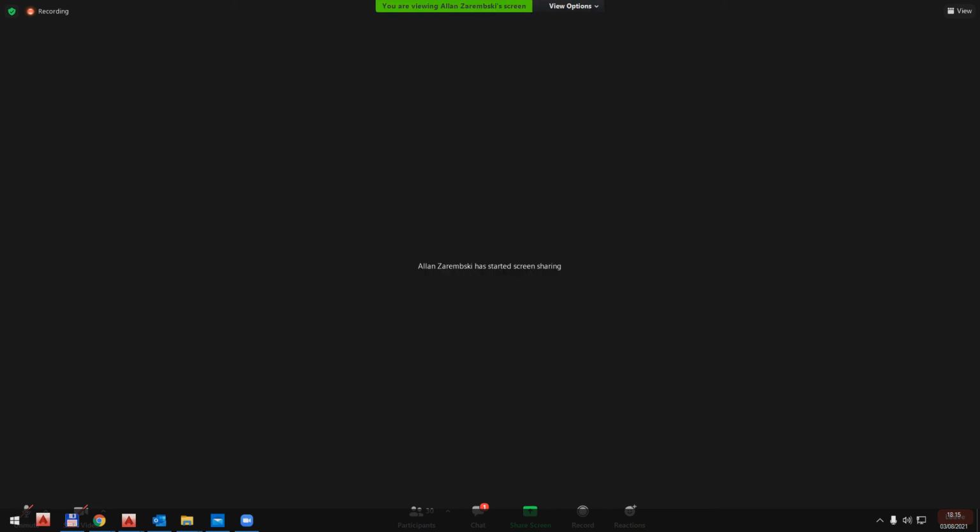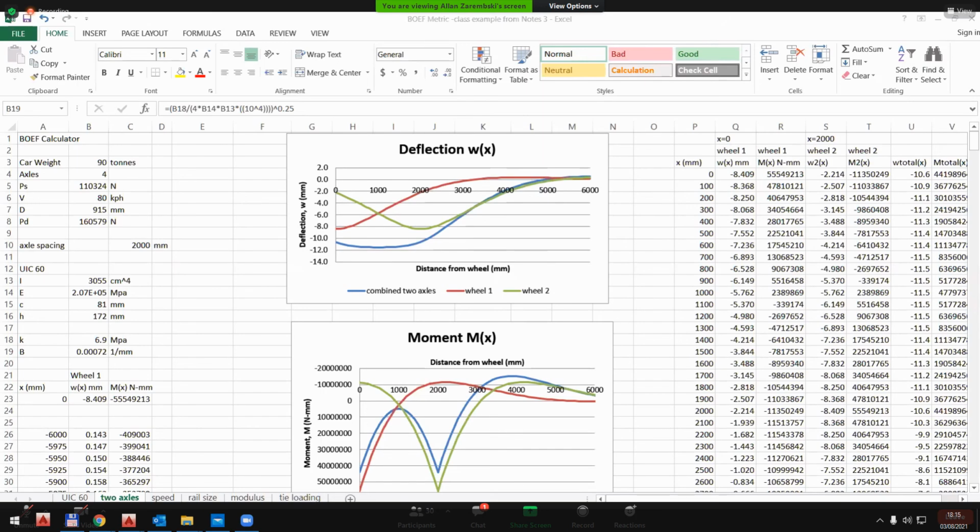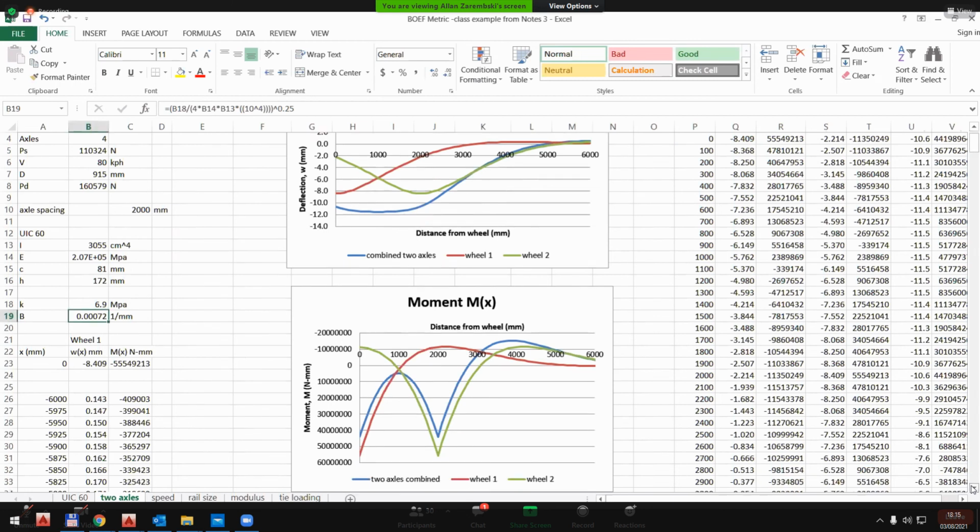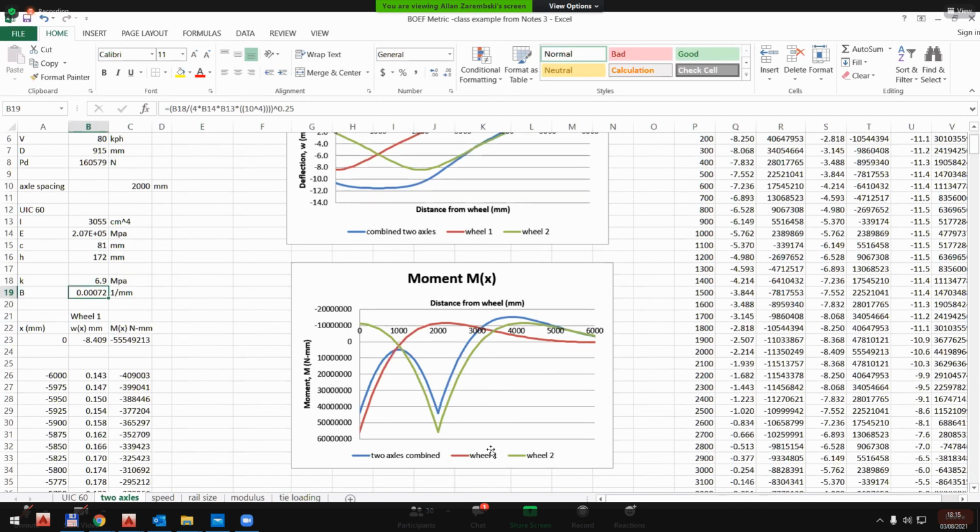Okay, so we're talking about moment, right? Combined moment. Okay, so let's look at x equals 0. The red, where's my legend? Okay, here we go. The red is wheel 1. The blue is the combined.